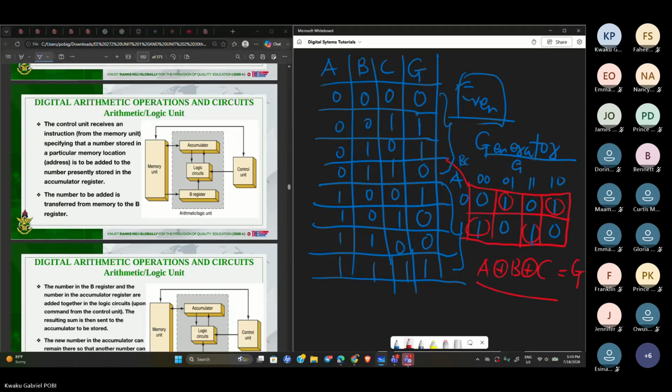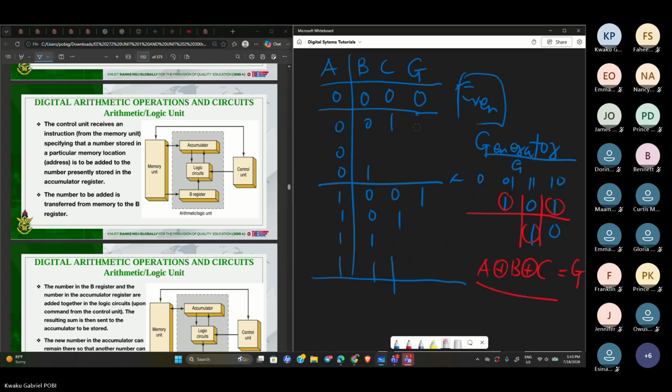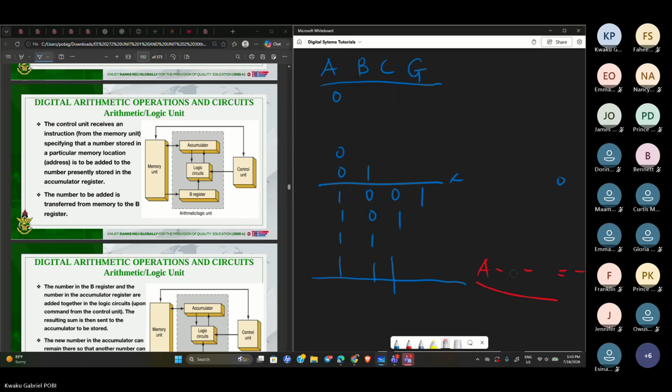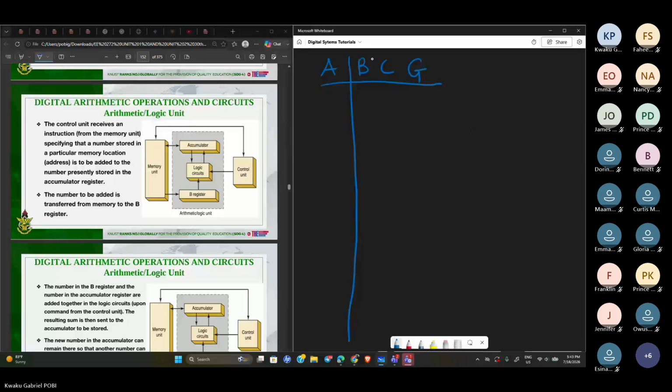Can I clean this? Okay. So I'm going to clean this. Okay. So can I even draw this whole 16 here?